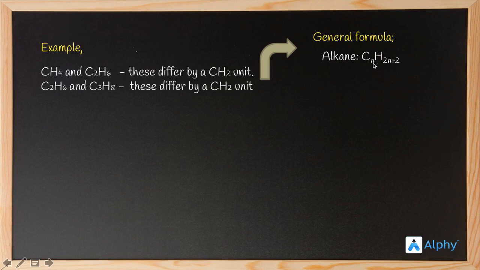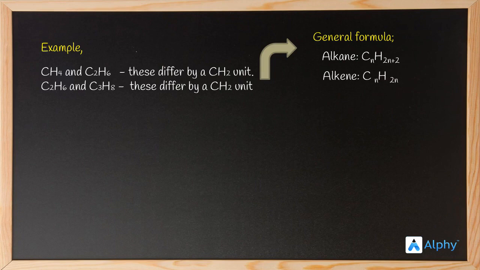Substitute 1 in the n's place, in this n and this n. Now what do you get? C into 1 is C. H into 2 into 1 is 2, plus 2 is 4. CH4. So the formula of methane is CH4. Let's move on to unsaturated ones, that is alkenes, the ones with a double bond.